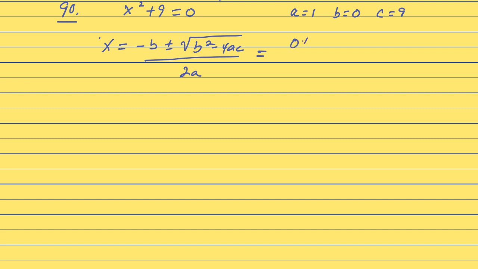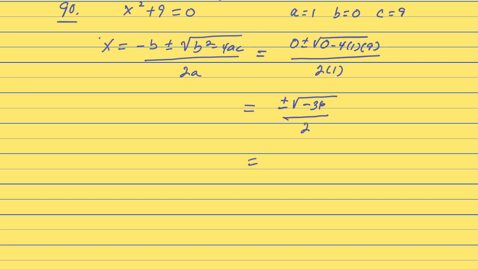So we have 0 plus or minus the square root of b squared, which is 0, minus 4 times a times c, which is 9, divided by 2 times a. In this case, it's 1. So we have plus or minus the square root of negative 4 times 1 times 9, which gives you negative 36, divided by 2.